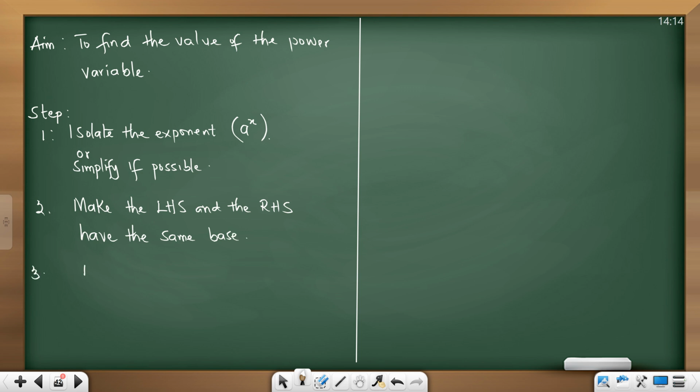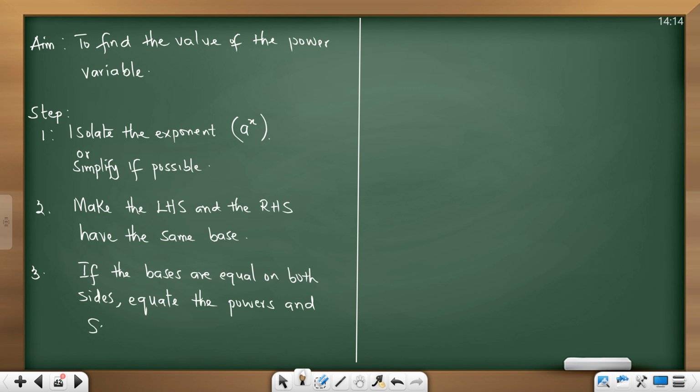And number 3, if the bases are equal on both sides, equate the exponent or equate the powers and solve.